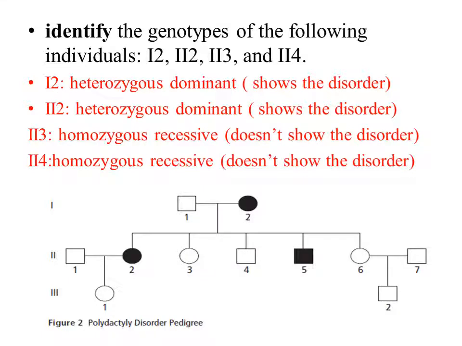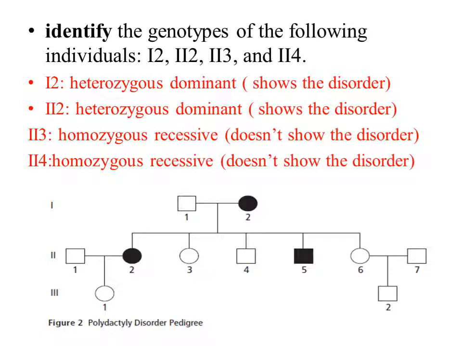This pedigree shows polydactyly disorder, and it is a dominant disorder. It means you have to have one dominant allele to have this disorder. What are the genotypes of the following individuals: individual 2 in generation 1, and individuals 2, 3 and 4 in generation 2? In generation 1, you can see individual 2, she's a female, and she is shaded.